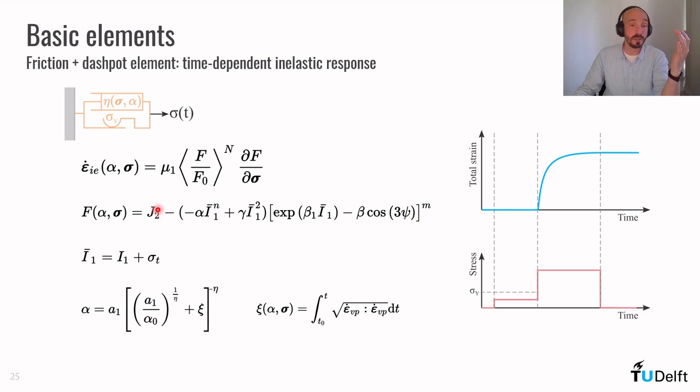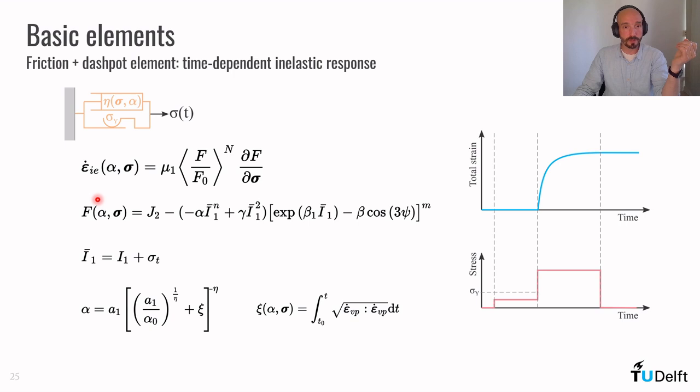If this value is negative, it means the stress is under the threshold. So if f is negative, those brackets will return 0. So this will be a 0 number, which means that the strain rate is 0. So there is no viscoplastic deformation. That is why we see no viscoplastic deformation here.